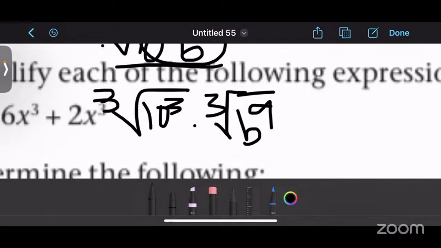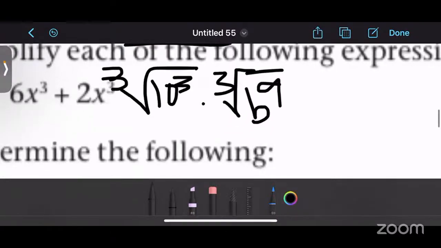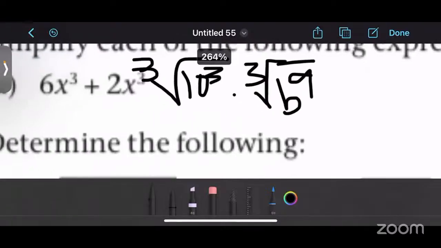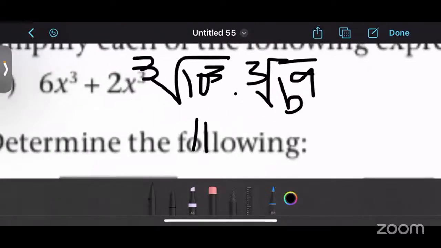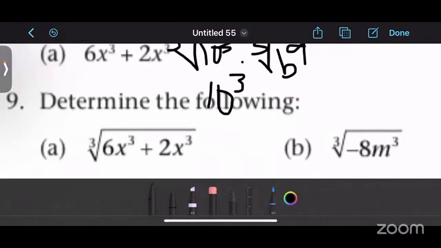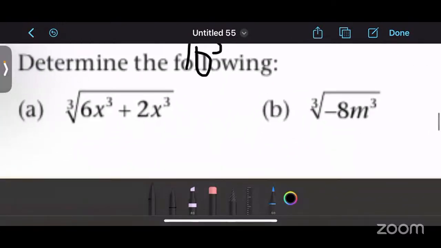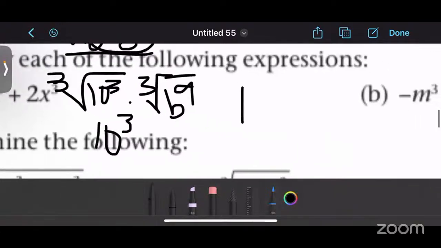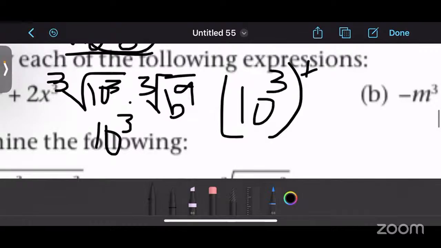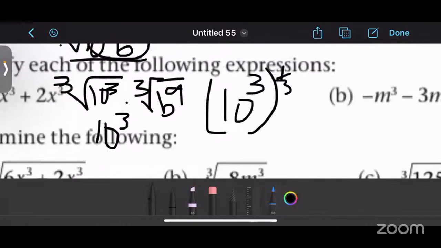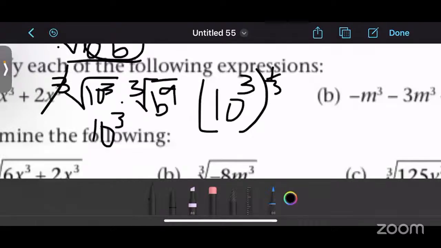Then cube root of 10 to the power 3, then you make a space, x to the power 3. My answer is going to be 10b to the power of 3. Let me write it down here. 10 to the power of 3 is going to be multiplied by a power of 1 over 3, because this is how we remove the cube root.